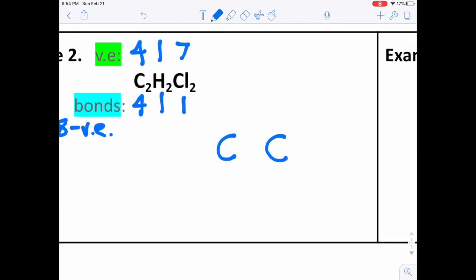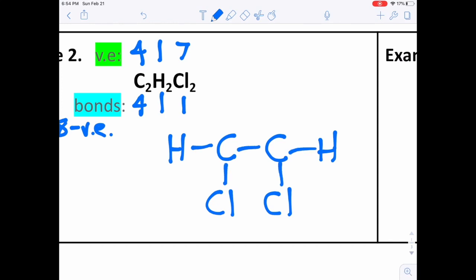So I would sort of distribute them evenly, maybe try an H on each side and a Cl on each side, or on each one, kind of thinking of each carbon needing 4 bonds. So then connect with single bonds. So that looks kind of good, right? But now we want to check.